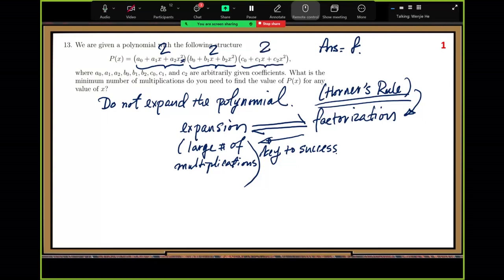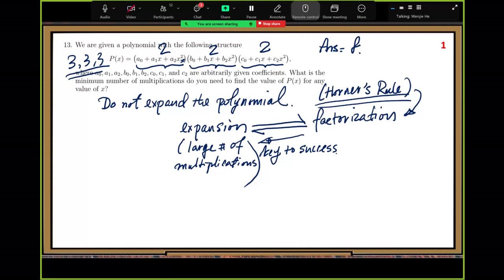But I saw a few students who, for each pair of parentheses, didn't apply Horner's rule. They just counted the multiplications directly, so they used 3, 3, 3. That means you didn't apply Horner's rule. If you apply Horner's rule, you use 2, 2, 2 multiplications.